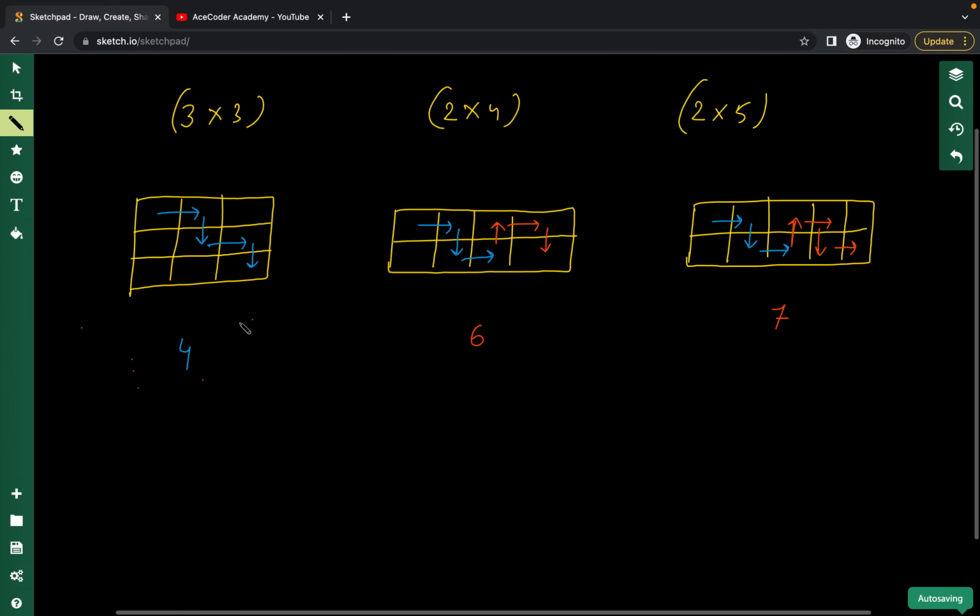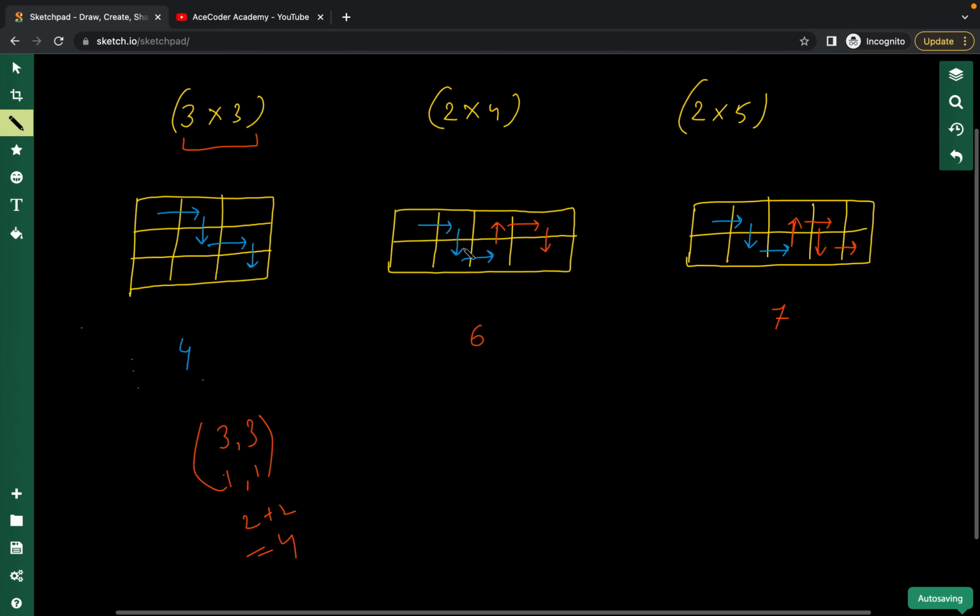If we look clearly, when n and m are equal, we just require 3 comma 3 minus 1 comma 1, which is basically 2 plus 2, equal to 4 moves.